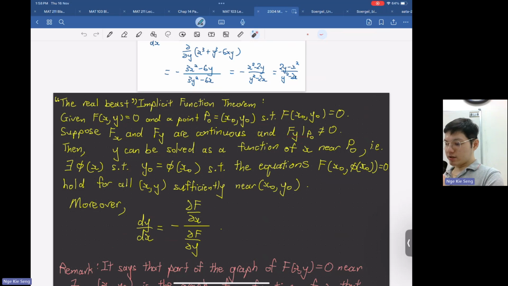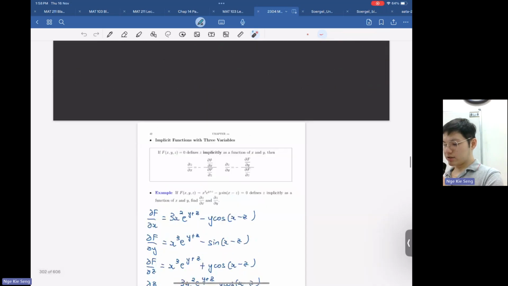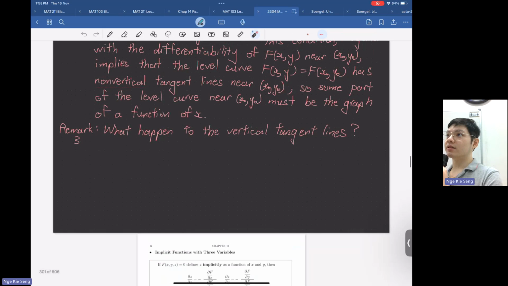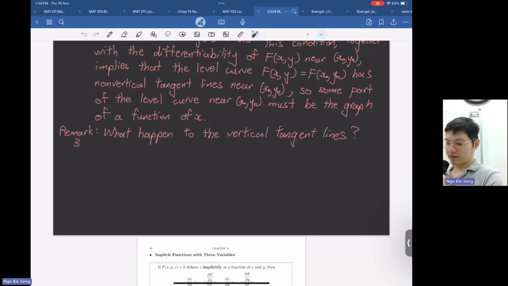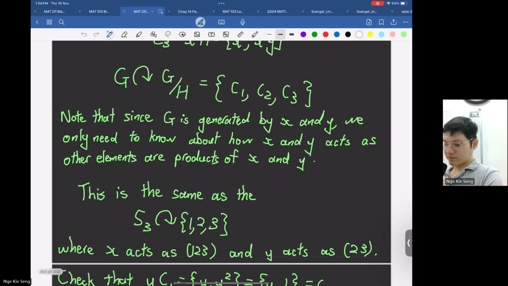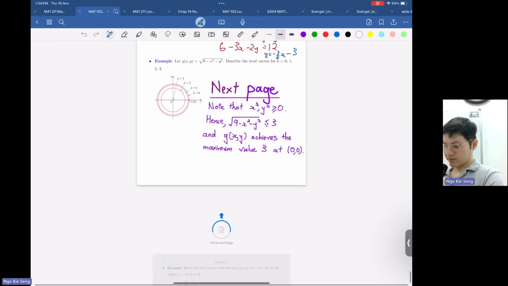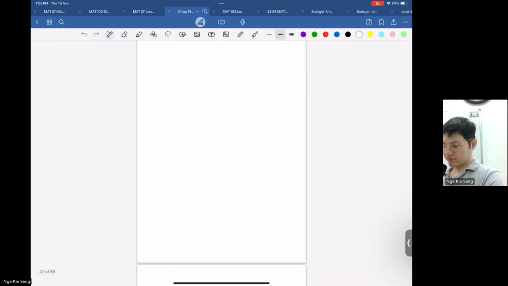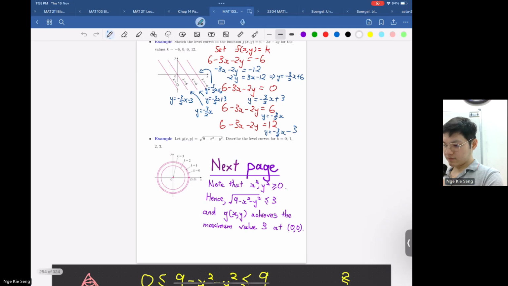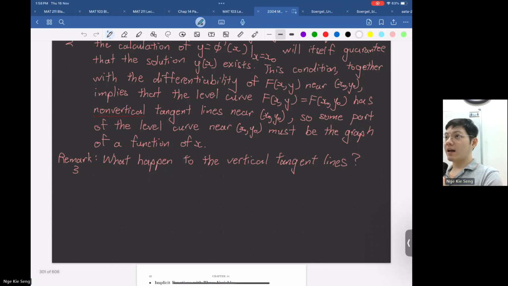Did you learn the Gaussian function in probability? Have you learned it yet? I think it's e to the minus (x squared plus y squared).